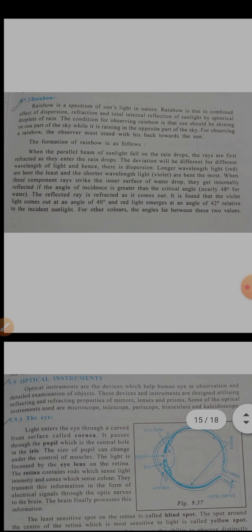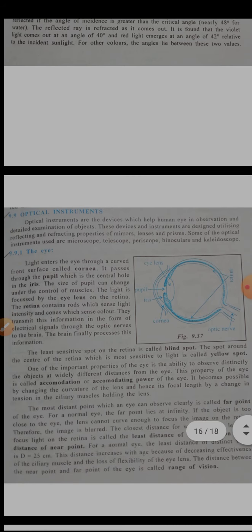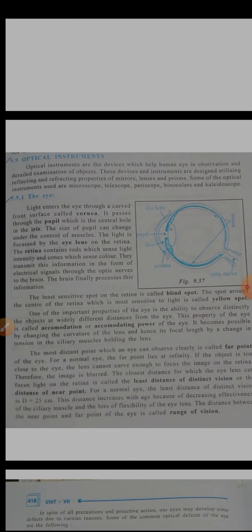When the sun rays pass through raindrops, dispersion of white light takes place, and because of that dispersion a rainbow with 7 constituent colors is visible. This is the formation of a rainbow, a consequence of refraction and dispersion. And lastly, we have optical instruments.